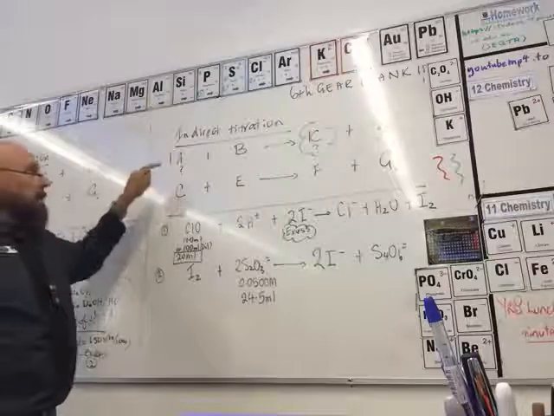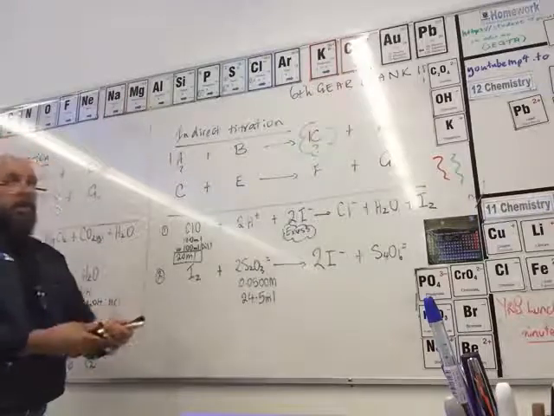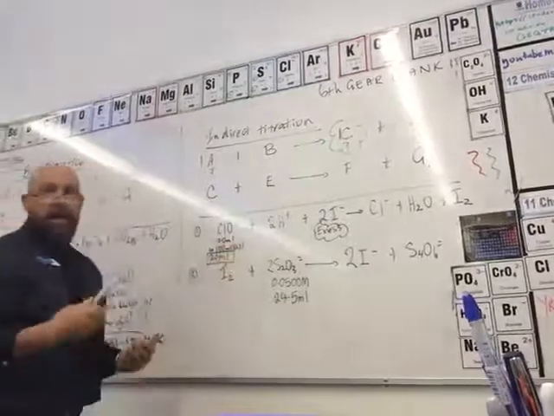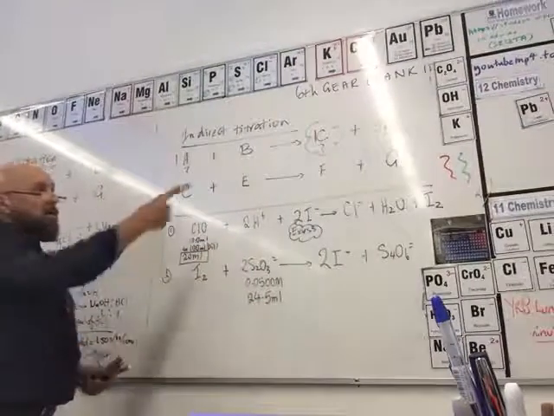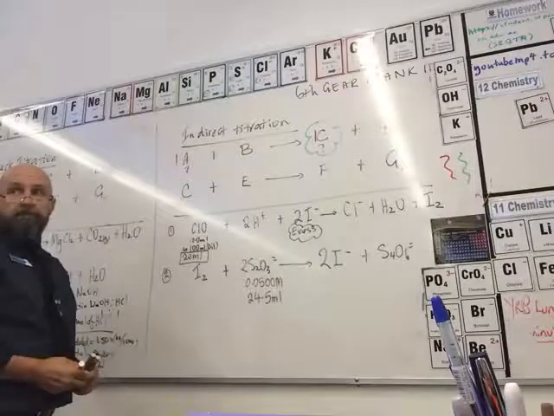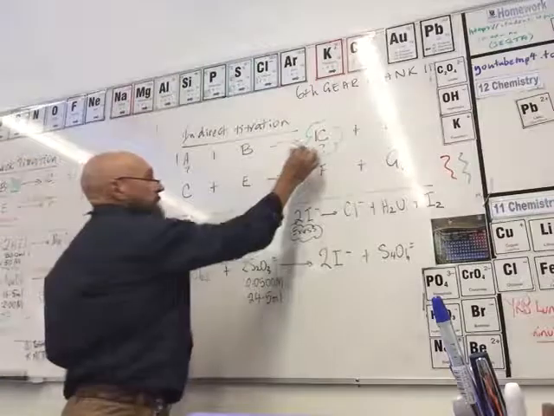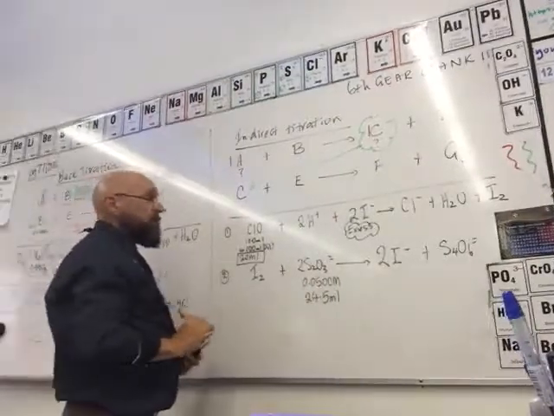The difference with this indirect titration is, and again the titration happens in the second step, we're not titrating any of the reagents, we're titrating the product. So this is my product, and I'll titrate the product.